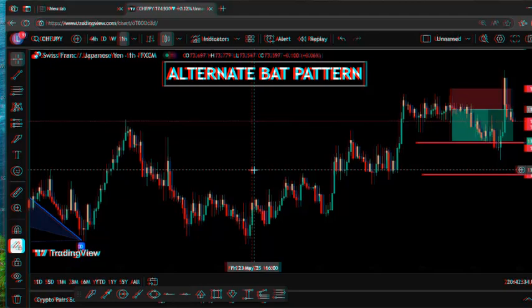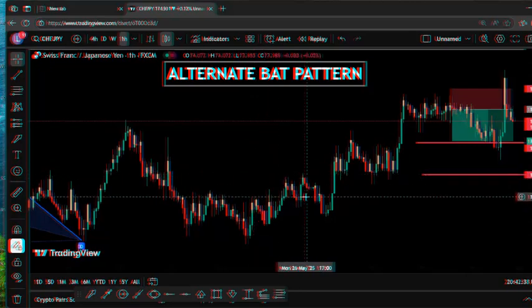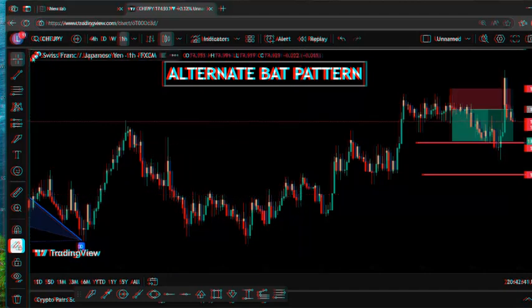All right. So with the alternate pattern, it's an M and W shape. The W shape is the bearish variation of the pattern, and the M pattern is the bullish structure. Okay.